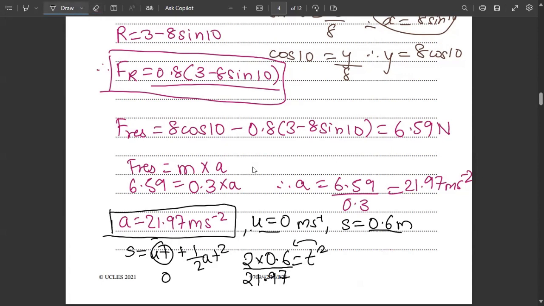So this square will go there and it will become root. Therefore, the value for t is root of 0.6 into 2 upon 21.97. So the time taken is 0.234 seconds. And that's how we are done with this question. Let's move to the next question.